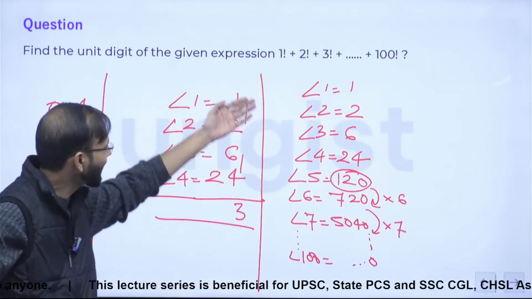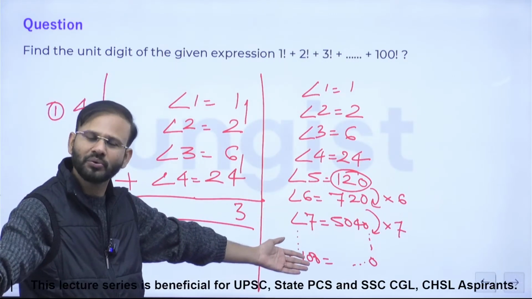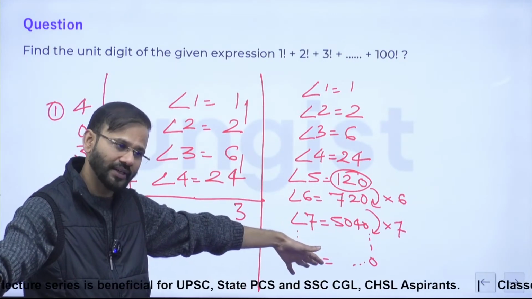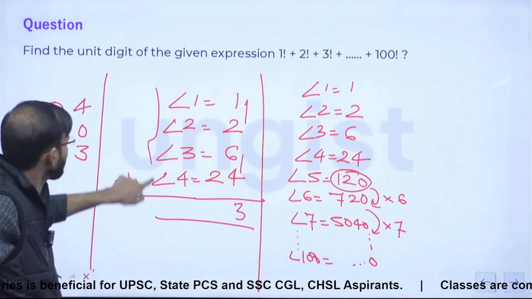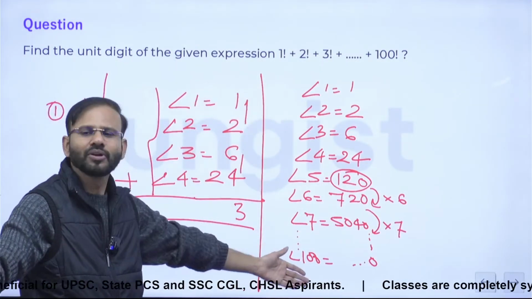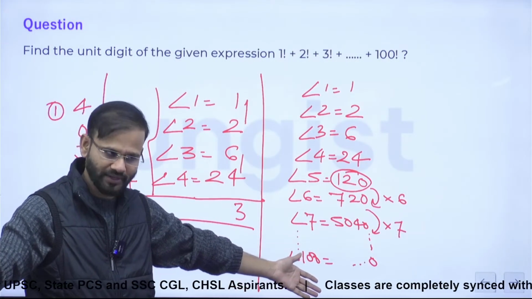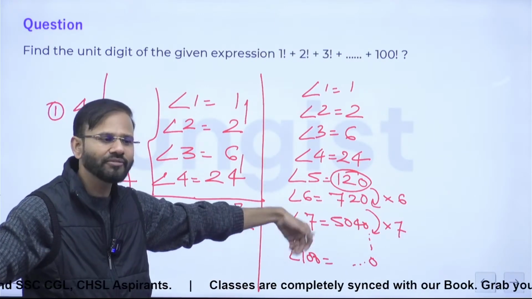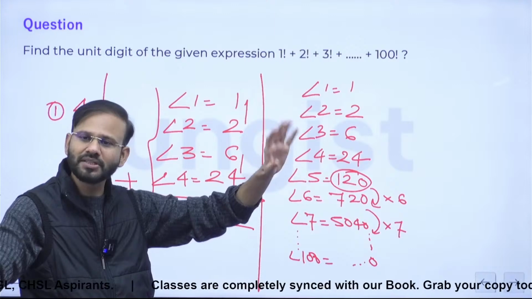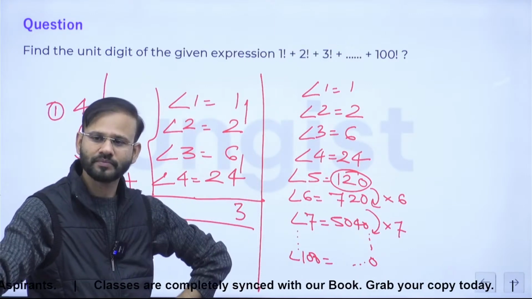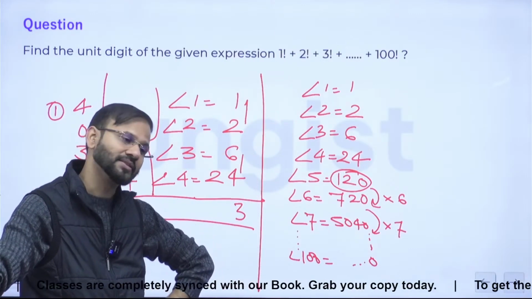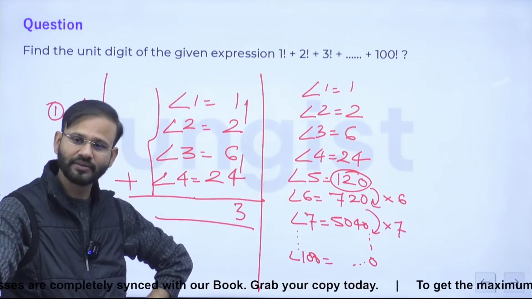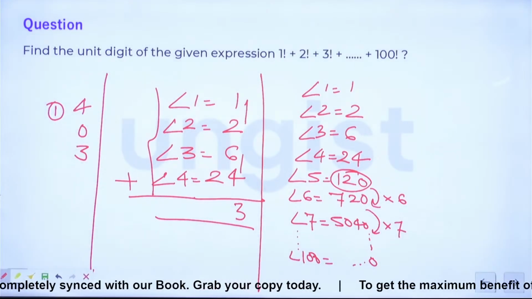So if you will be adding those values here, unit digit won't be changed. Right? So whatever the answer you are getting till here, the answer will be same for these values also. Right? So if the question is saying till factorial 100 or factorial 50 or factorial 5000 or factorial 10,000, the answer would be 3 only. Correct everybody? Here the answer is 3, always. Right? Okay. Please note it down.